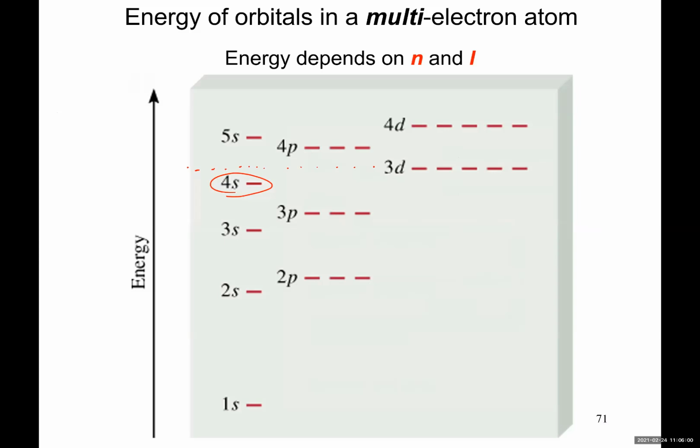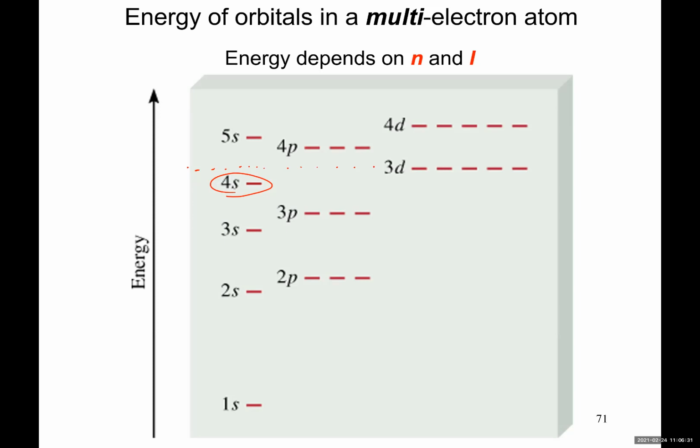We just learned that when you combine energy of the main shell and relative energy of the subshells, knowing that subshell s has minimum energy, the next higher energy is subshell p, higher than that subshell d, higher than that subshell f.